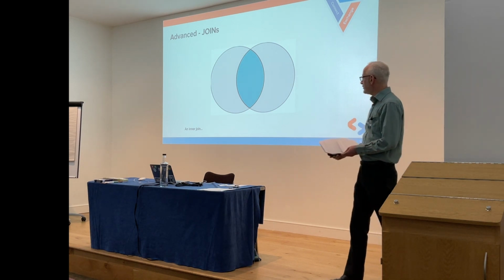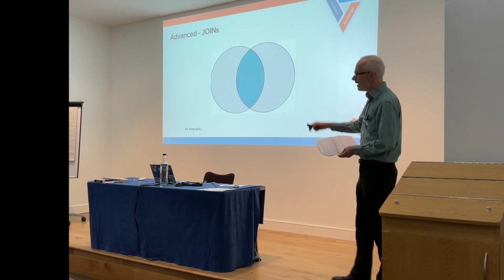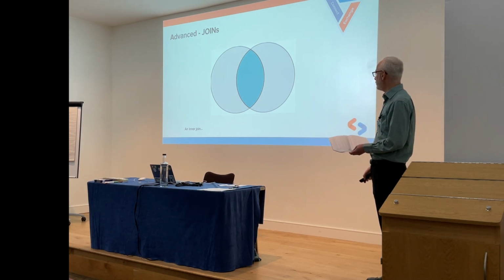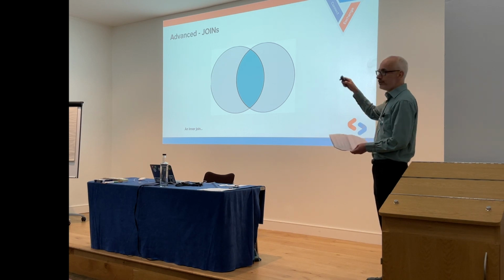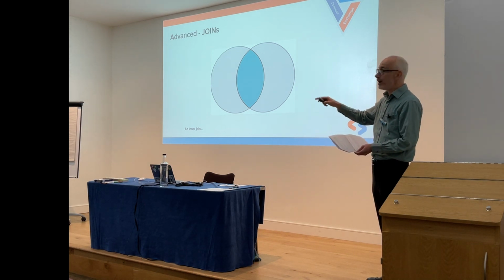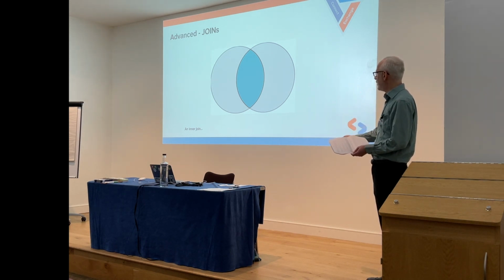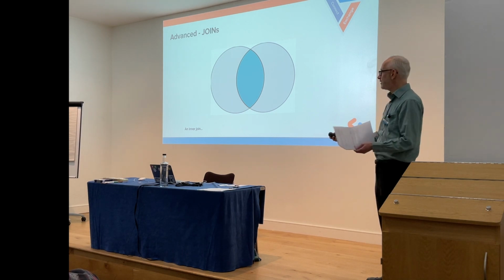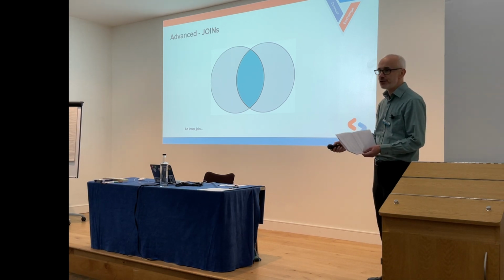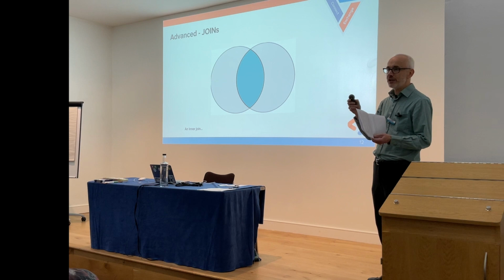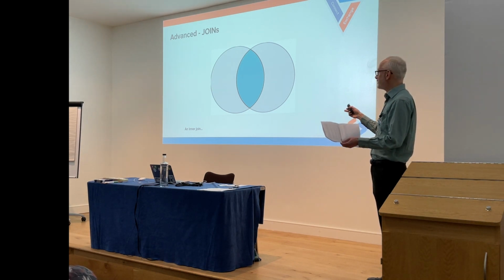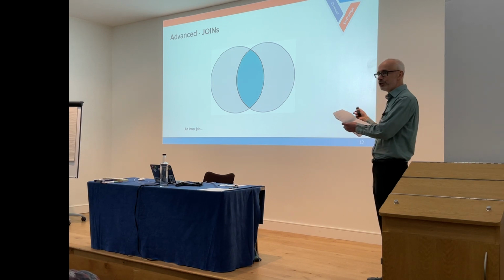But there are also things called left joins, which is the left table, and right joins, which are the right table. And you can go pretty mad with this. And of course, you can join multiple tables, not just two. So we have a look at it. But the way I present it is to say, in my experience, there are ways of doing this that avoid having to get too complicated with it, but know that you're not going to start hiding things and not retrieving things that you should be retrieving.